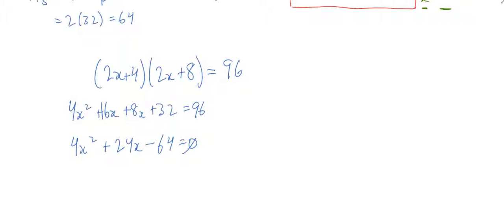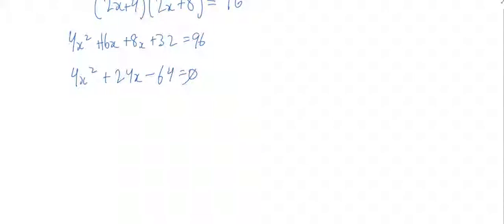What else can I do? There is a common factor. I would do that first. I think I can divide a 4 out, can't I? Plus 6x minus 16. And now do b squared minus 4ac, and I think you'll find that this is factorable.